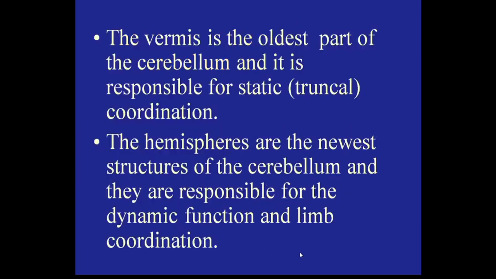The vermis is the oldest part of the cerebellum, and it is responsible for static or truncal coordination. Hemispheres are the newest structures of the cerebellum, and they are responsible for the dynamic function and limb coordination.